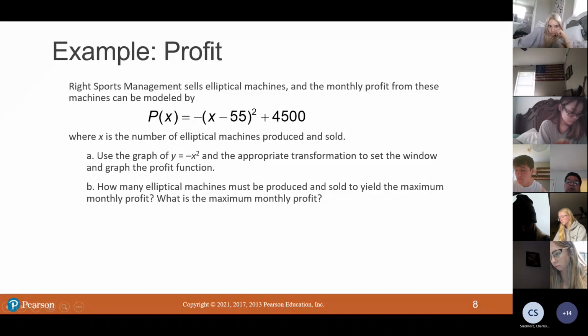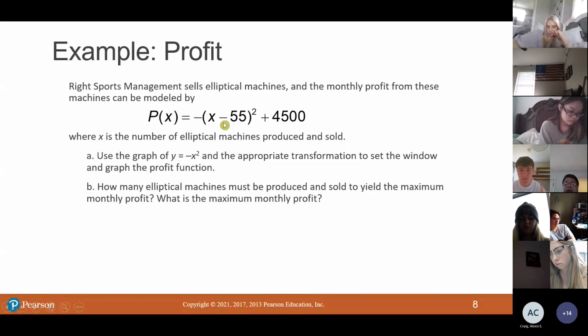And of course, it is a quadratic with a horizontal shift of 55 to the right and 4,500 up. It's opening downward. So you've got a parabola that's going to give you a maximum at the vertex of (55, 4,500).